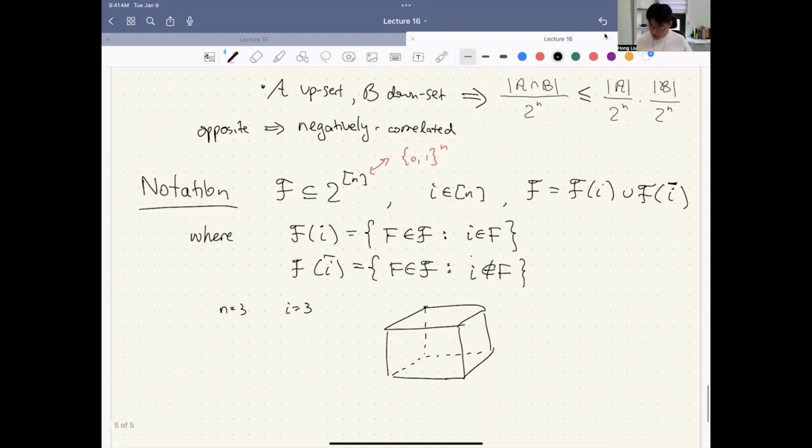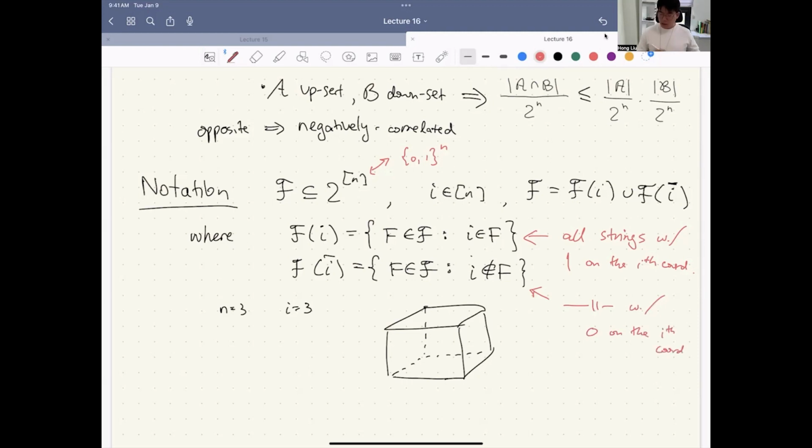So in this language, this is all strings with 1 on the ith coordinate, whereas this is those with 0 on the ith coordinate. And if you want to draw a picture to visualize it, let's say n equals 3, i equals 3.